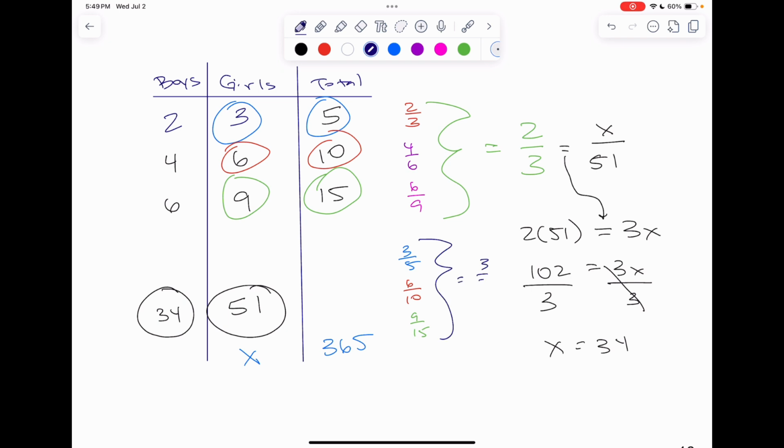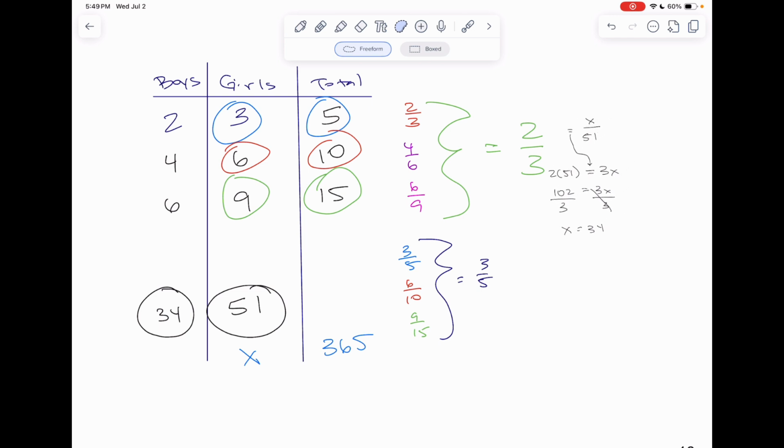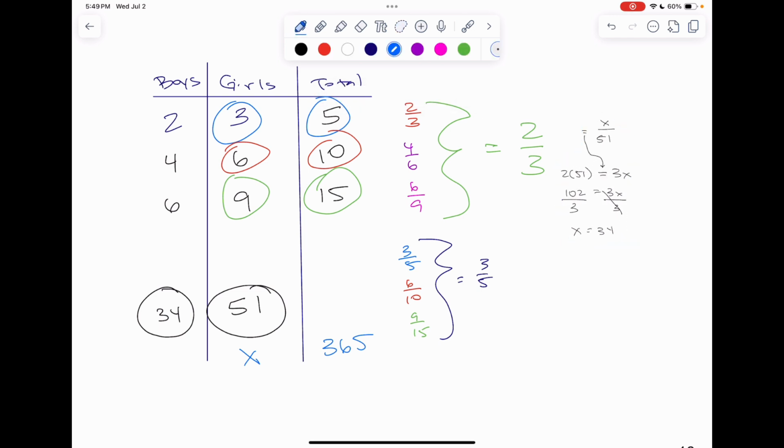They equal 3 over 5. They equal the most reduced version of that ratio. Let me get myself a little bit more space here. And say, okay, well then I know that my x over 365 will also equal 3 over 5. And again, I can cross multiply.